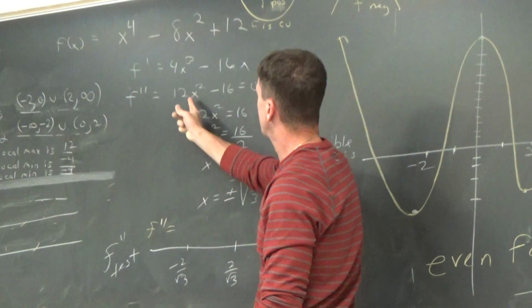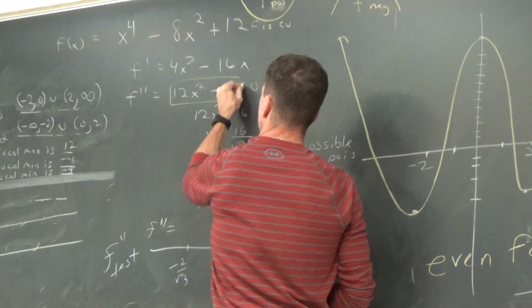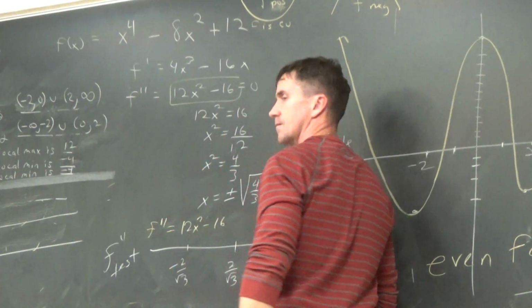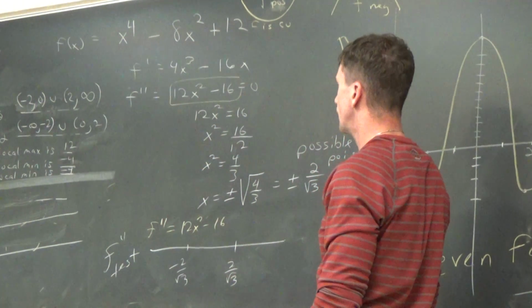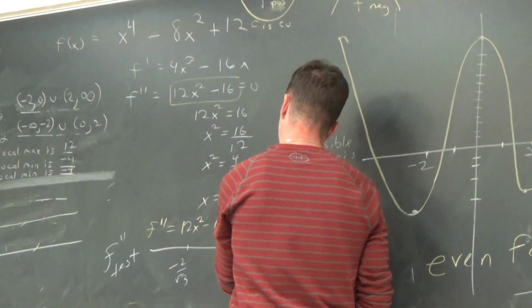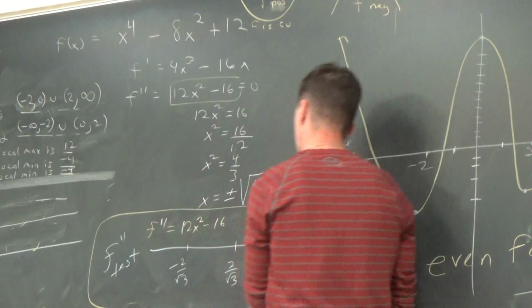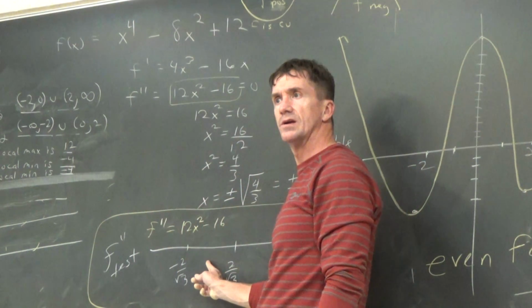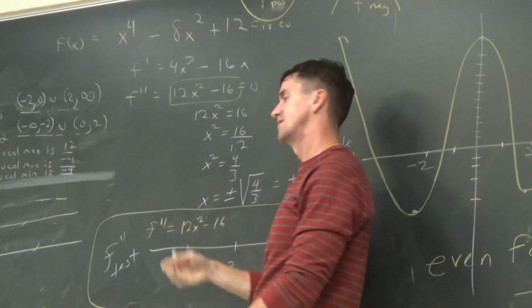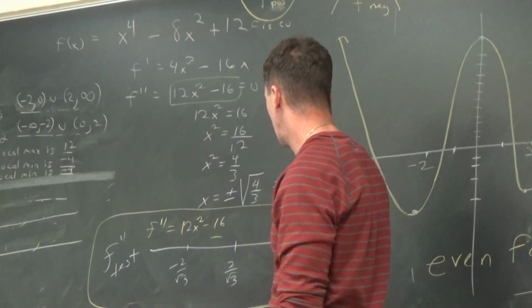What is the second derivative? It's that thing. Who's got an easy test point in here? 0. 12 times 0 squared minus 16? Someone else, Daniel.